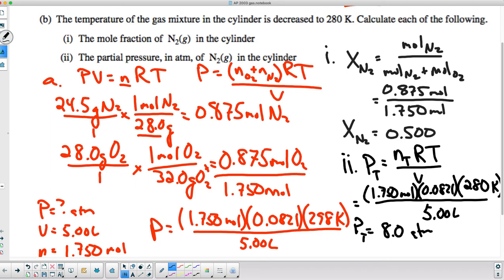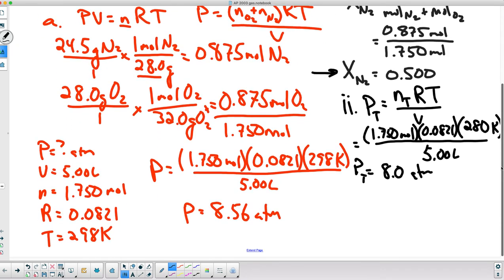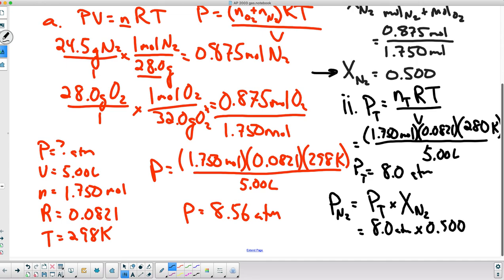And if we have a mole fraction of 0.5, which we got up here, then all I have to do is take my pressure of nitrogen, which is simply equal to the P total times the mole fraction, which means 8 atmospheres times 0.500, which is going to equal 4.0 atmospheres.